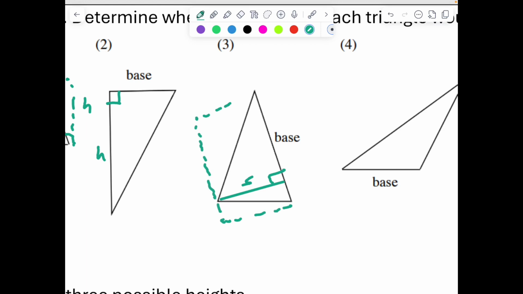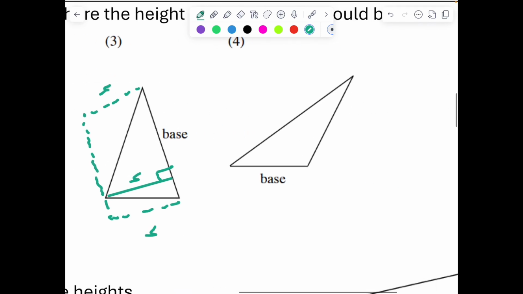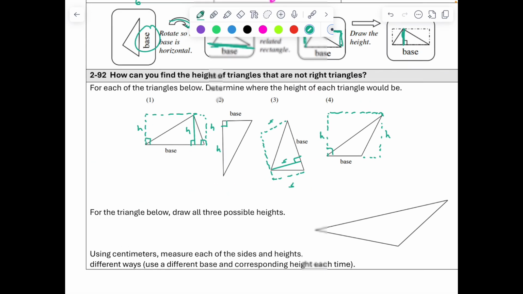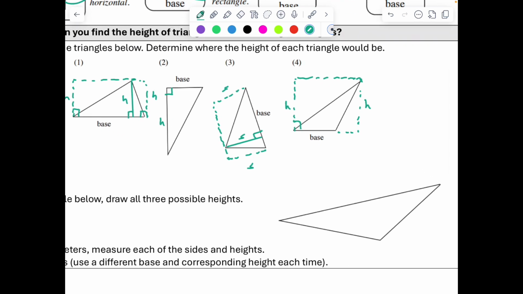Or if we wanted to do it outside the triangle, those could be heights as well. If this is the base, here's our height. Or we could draw the height over here.